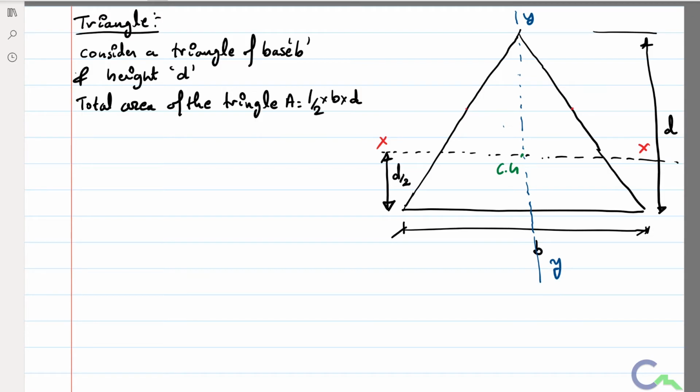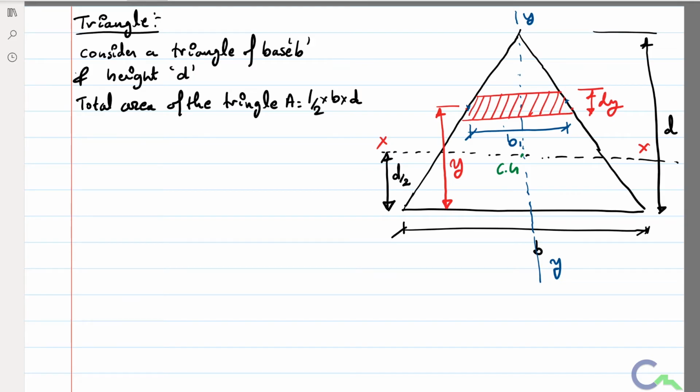Now I am going to consider an elementary strip of thickness dy. I will take thickness of the elementary strip dy and width of the elementary strip b1 at a distance of y from the base.